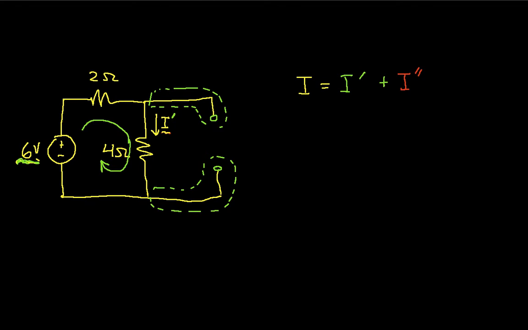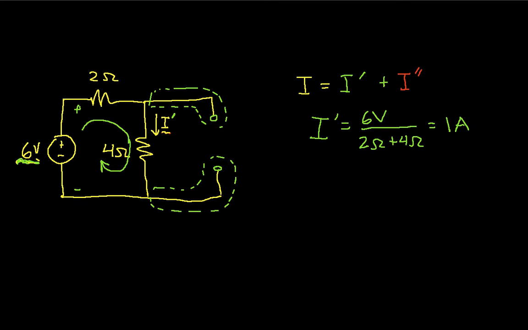I have 6 volts across this point, and then I have these 2 resistors, the 2 ohm resistor and the 4 ohm resistor, in series. So the current I prime is going to be the total voltage, which in this case is 6 volts, divided by the total resistance, which is 2 ohms plus 4 ohms. So I prime is going to be 1 amp. Okay, well, that wasn't so bad, was it?